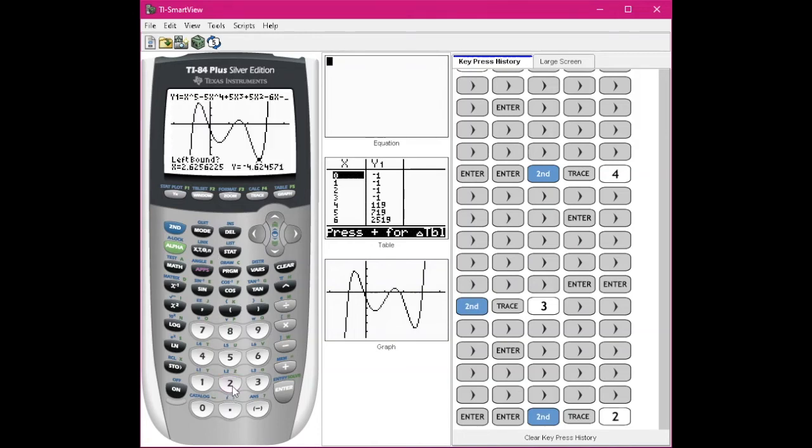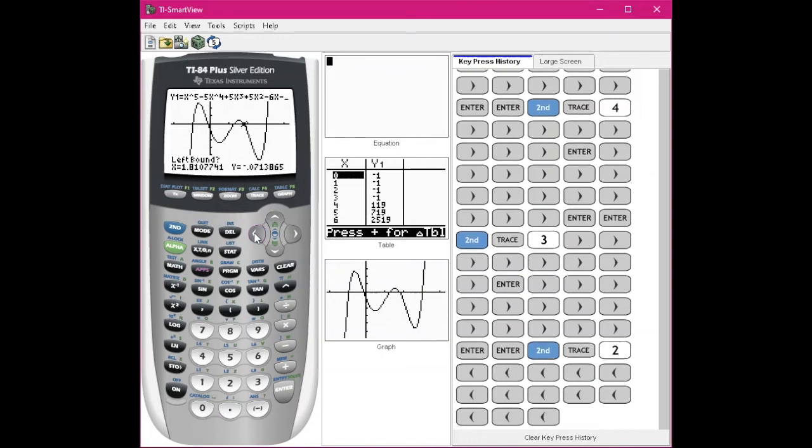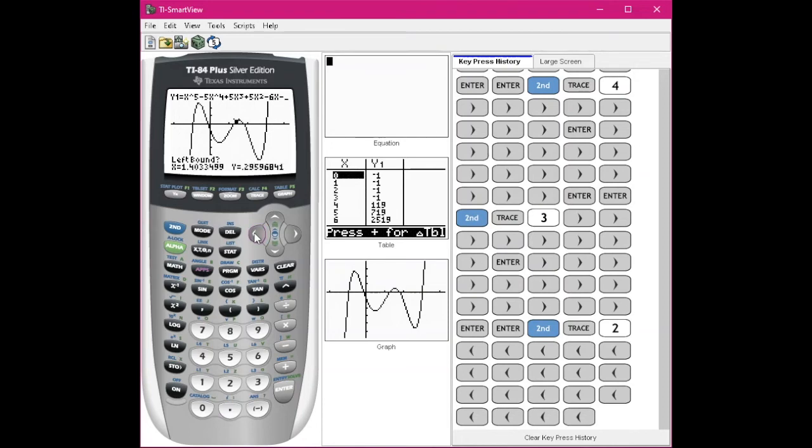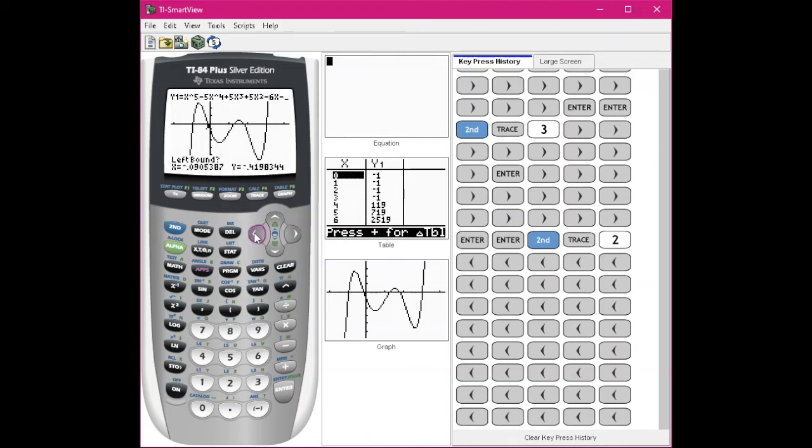So I'm going to press a 2, and it's again asking for left bound and right bound, so I want to put my cursor on the left and then on the right of the 0 that I'm looking for. And you have to be really careful that you don't get 2 zeros in between your left bound and right bound, because then the calculator will give you an error.